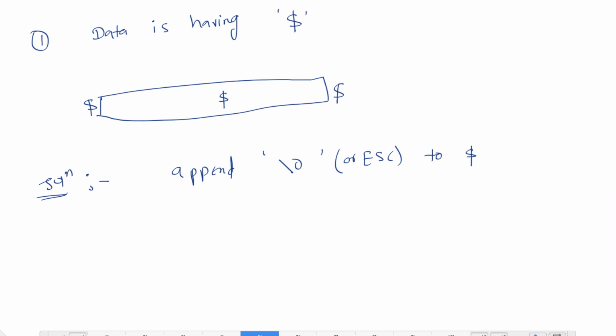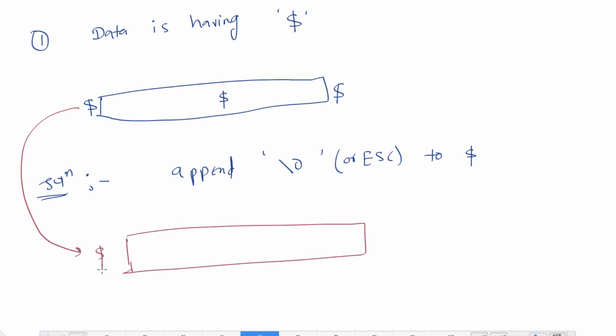Then this data will get sent like this: this is dollar, and here you have the ESC character and then the flag. This is at the sender side. At the receiver side, the receiver will ignore this, and will not treat this as an end delimiter, and things will work perfectly.